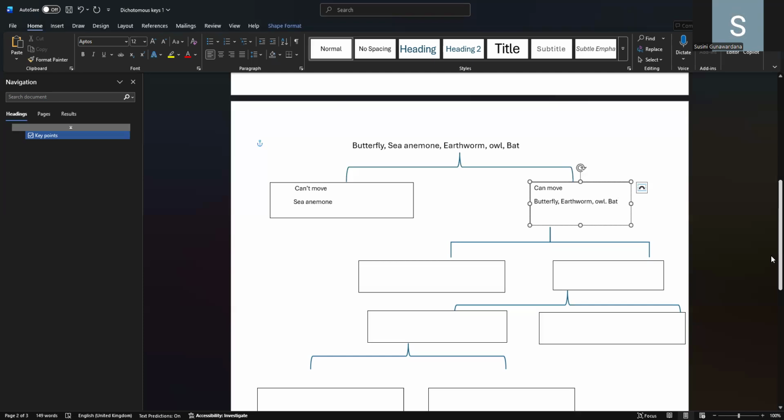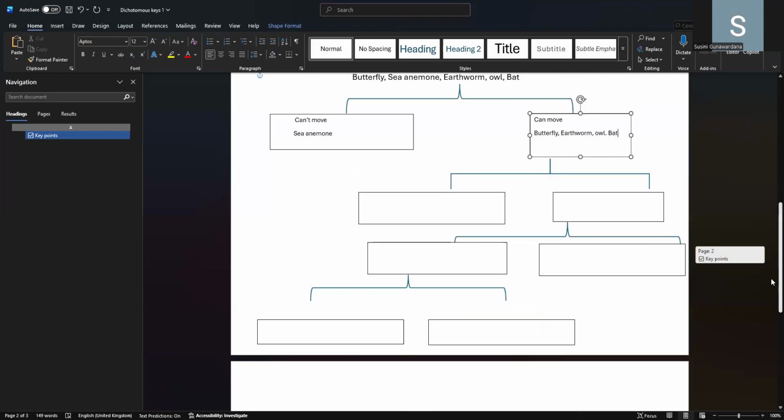Then I am taking another characteristic. What is the characteristic that I am taking? Just have a look. I am taking can't fly, can fly. Or you can take having wings or don't have wings.